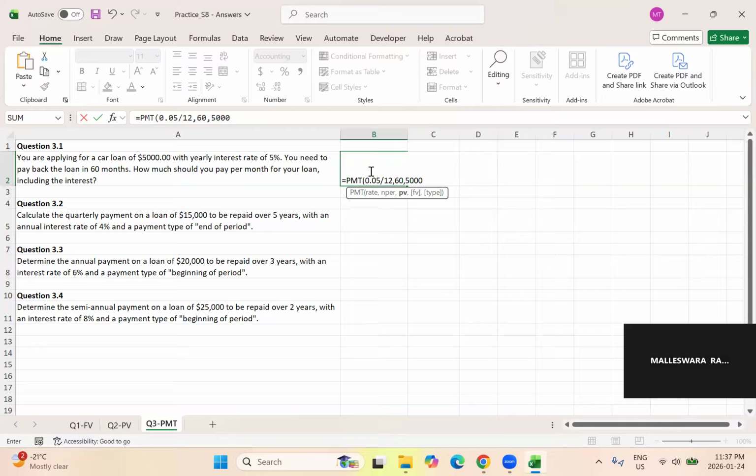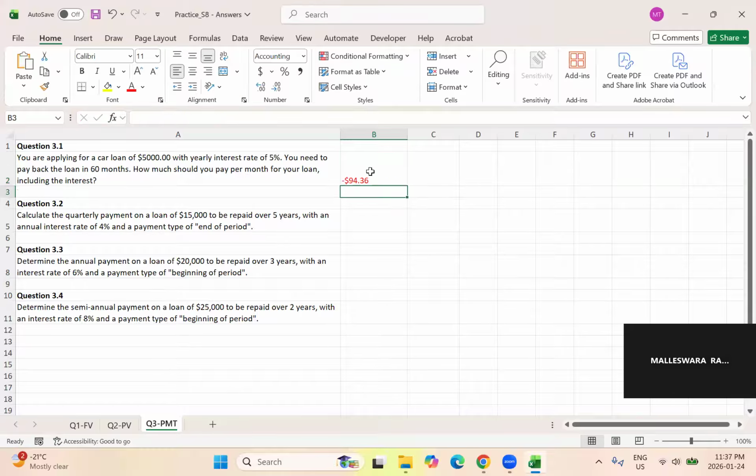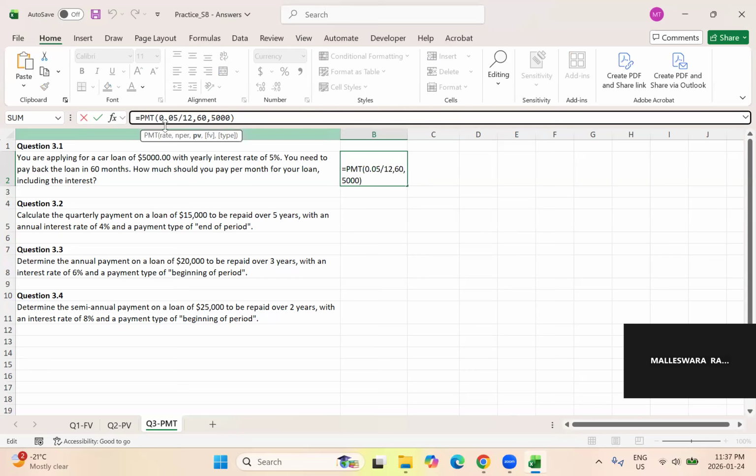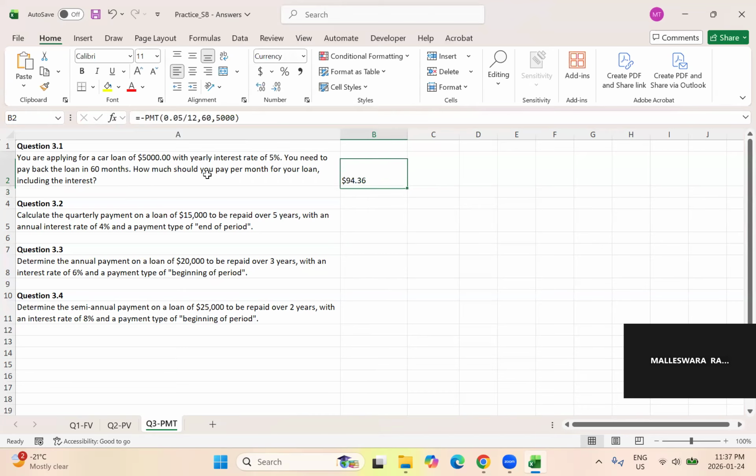So yearly interest rate is this, including the interest. How much should you pay per month? So that means end of the month you'll be paying every month, end of the payment. That's the default actually, so leave it like that. So if I want to put negative sign here, or payment is negative, so you can put negative sign at the beginning. So it will become 94 points.